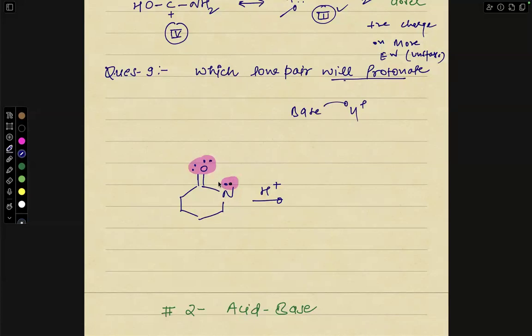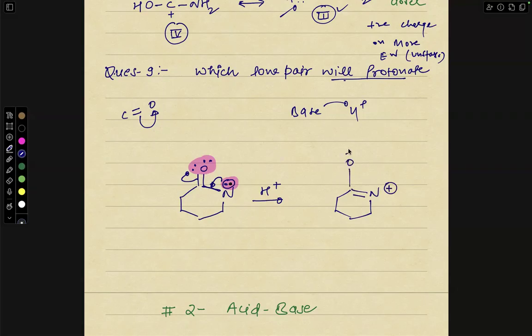So this nitrogen can donate its electrons and this C=O would break like that, because CO is a polar bond and it always breaks like that. So draw the resonance structure. This bond has an arrow, so nitrogen donates its lone pair, giving a positive charge, and this double bond breaks into a single bond.